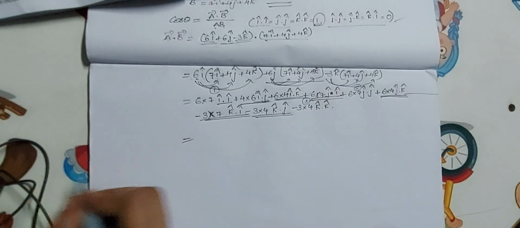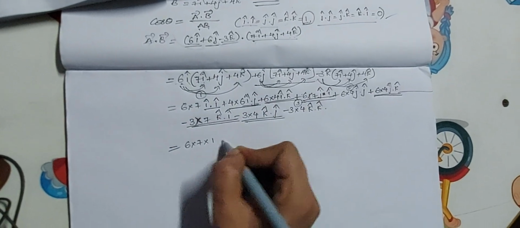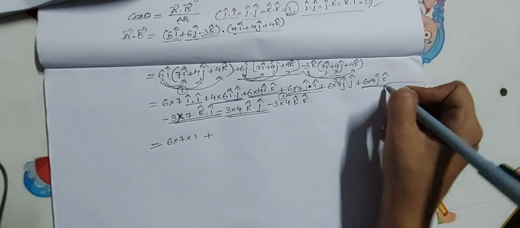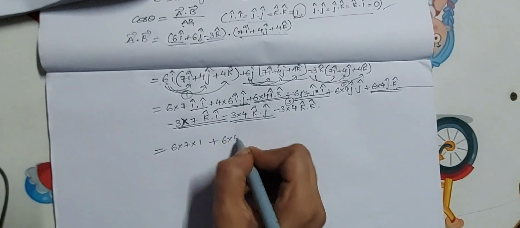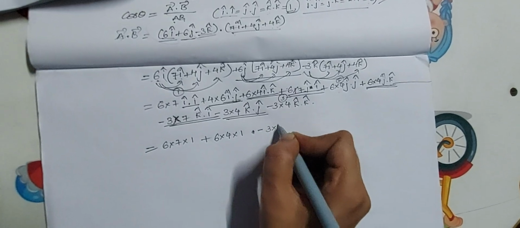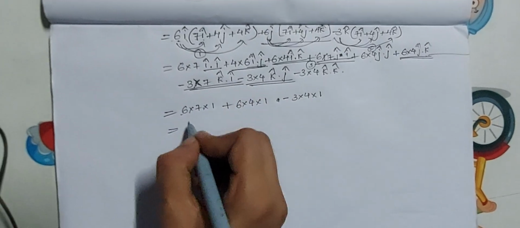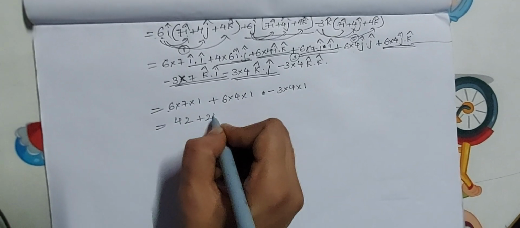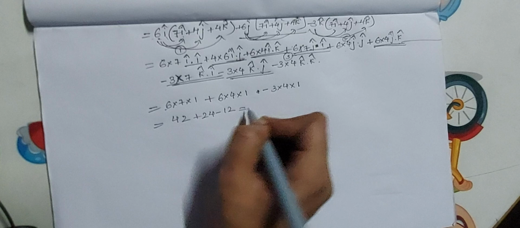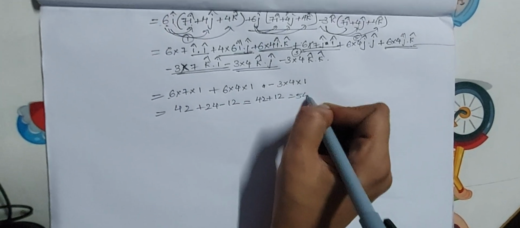Only 3 terms are left, so I can write 6 into 7 into 1, plus, what's the second one I wrote? 6 into 4 into 1, minus 3 into 4 into 1. So what did I get? 6 7s are 42, plus 24, minus 12, then it is 42 plus 12, which is 54 units.